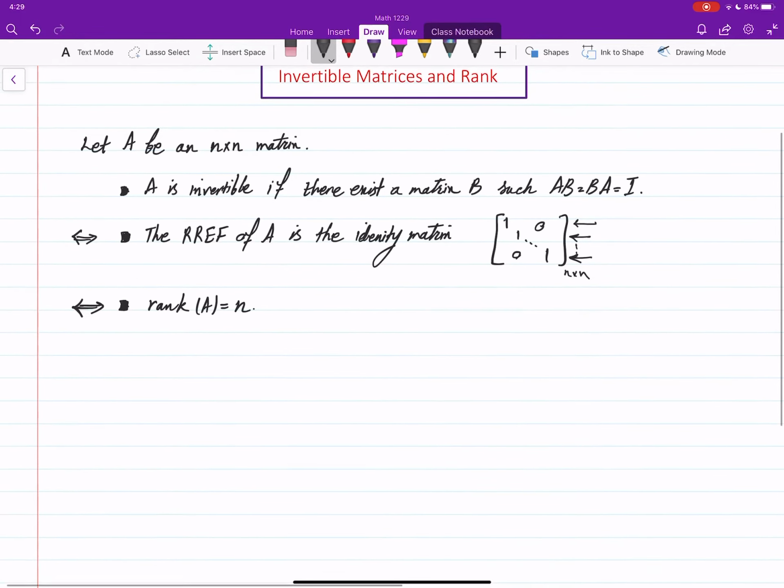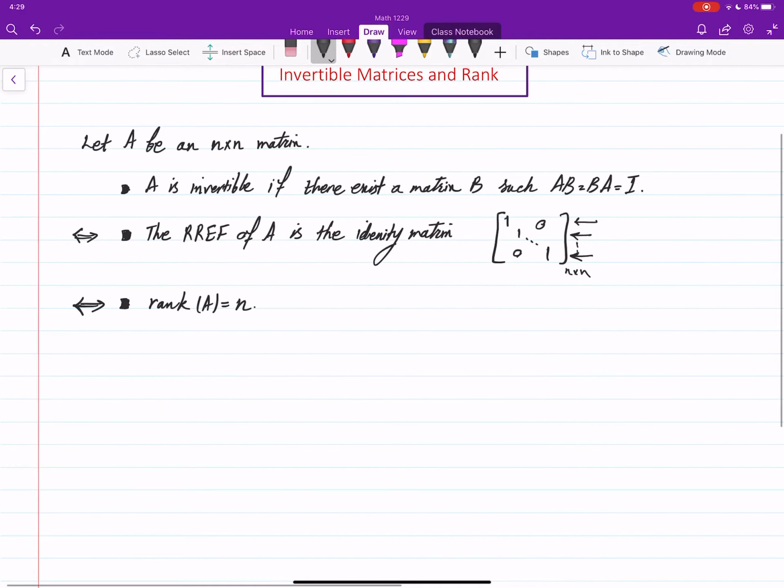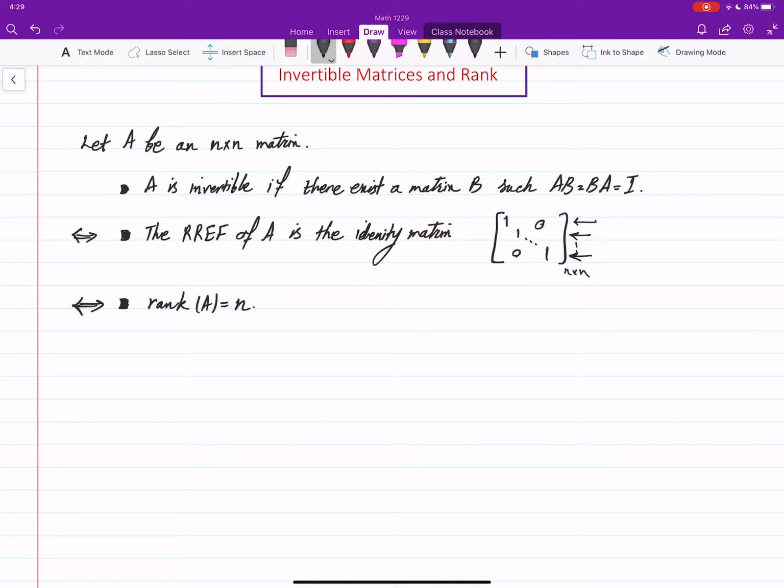And further, we can see that when you have an invertible matrix, the system AX equal to B, this is also another version of this, we can always remember the inverse method. You can always find A inverse B, this unique solution.